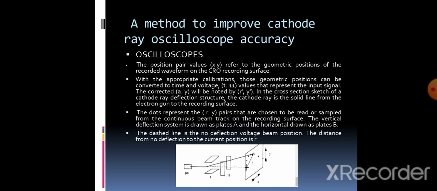The vertical deflection system is drawn as plate A and the horizontal as plate B, and the dashed line is the no-deflection voltage beam position. The distance from no deflection to the current position is R. We observe in the pictures the electron gun and the CRO, and we are observing the waveforms.